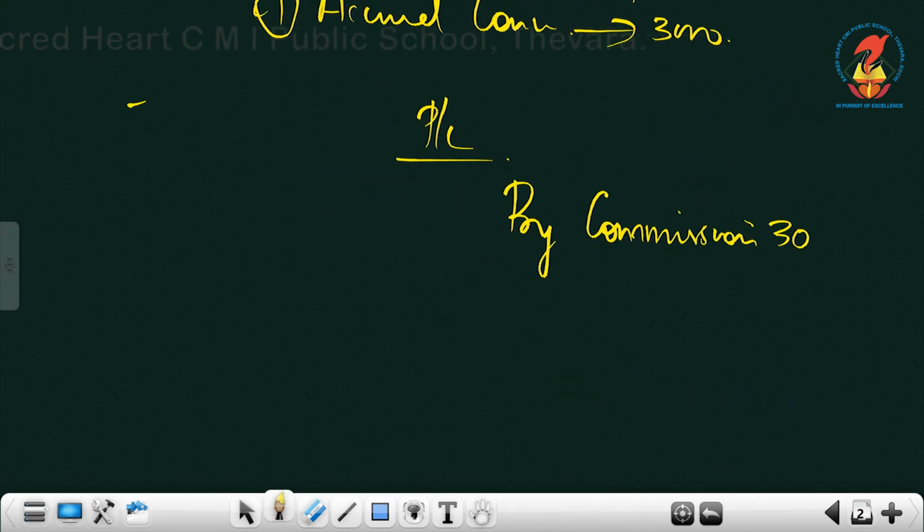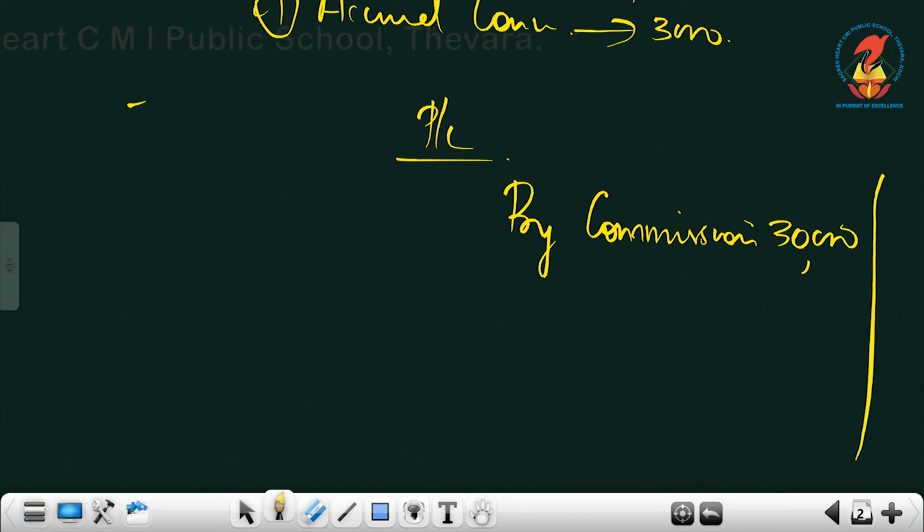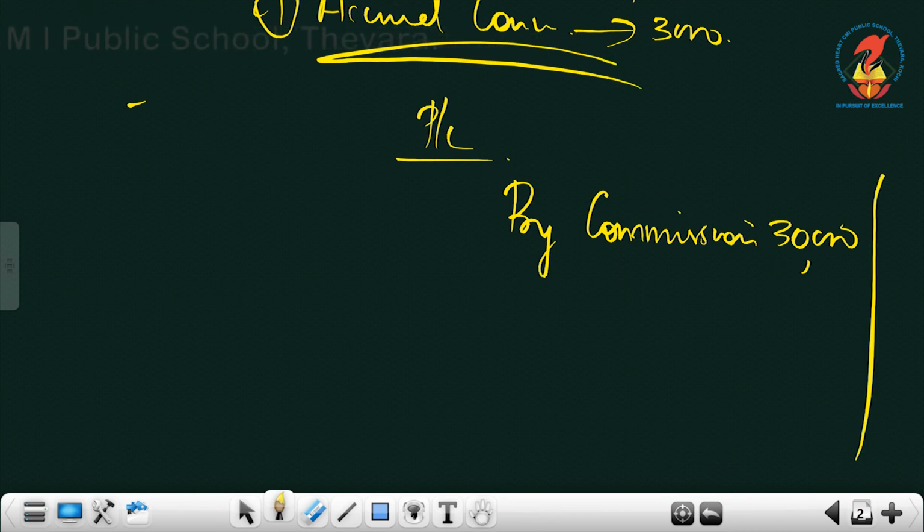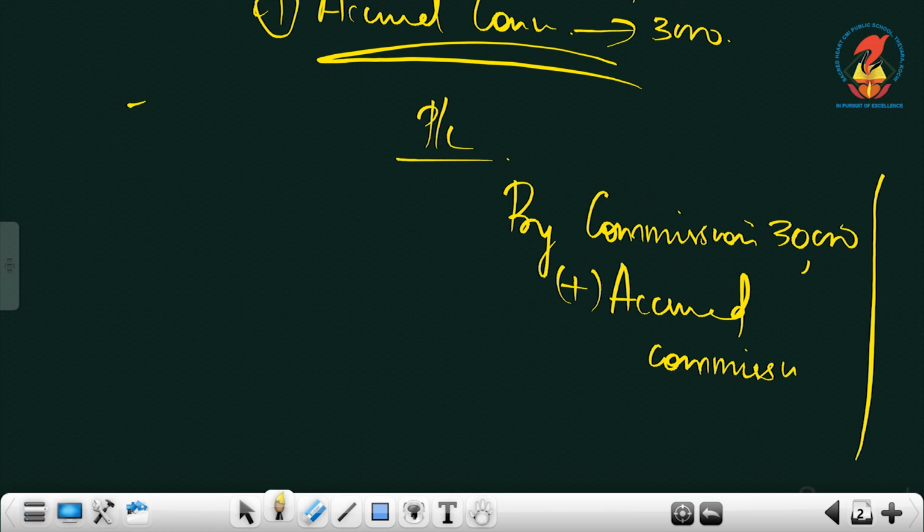The 30,000 must come in the inner column, because now we have an adjustment related to this accrued commission. It is a receivable item which we have to add this year. We have to receive not only 30, but that accrued amount also we have to add. That is 3,000 we'll add.